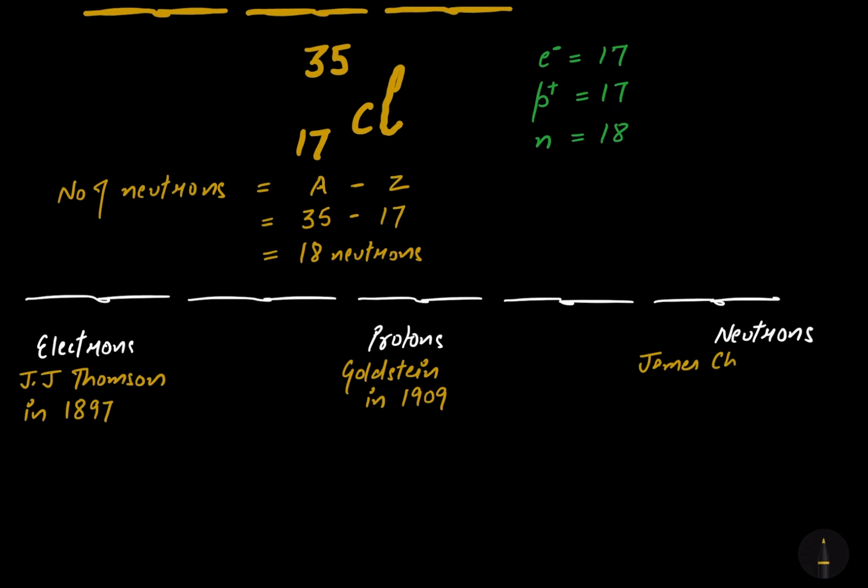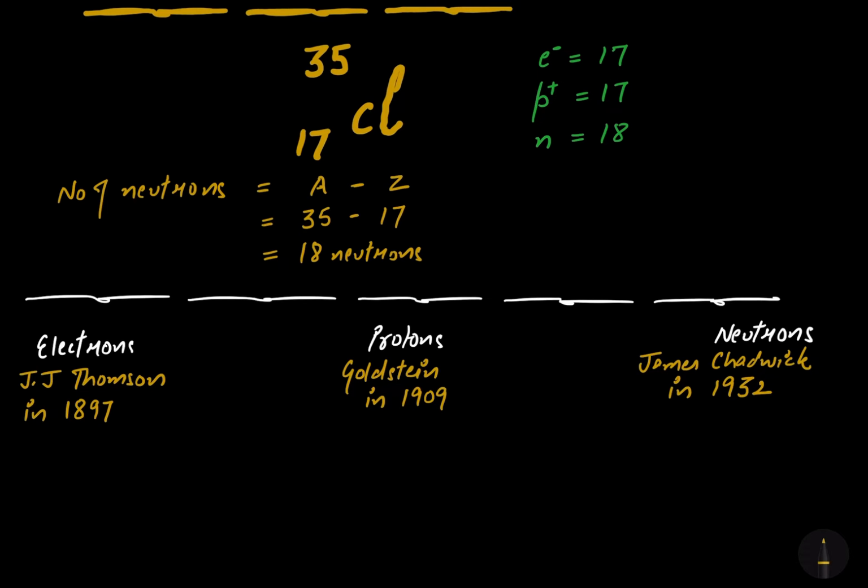James Chadwick in the year 1932. So these were the scientists who discovered the electron, protons, and the neutrons in the respective years I have also mentioned.